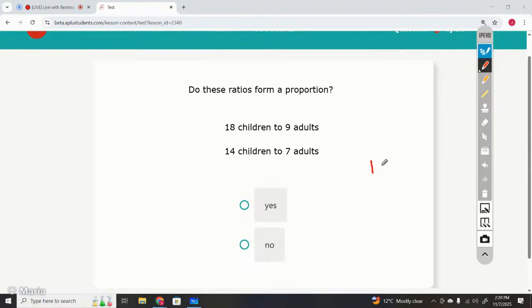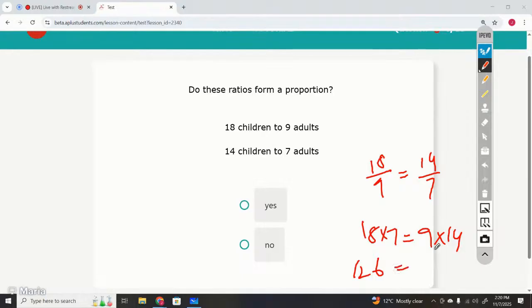I think they form a proportion. 18 times 7, 9 times 14. Yes, they are exactly equal. So, yes, they do form a proportion. The correct option is yes, you have to cross multiply them.